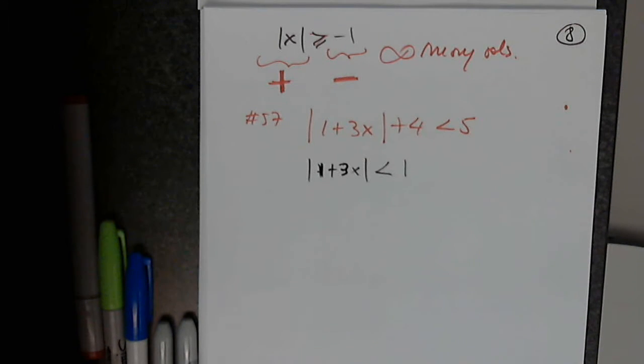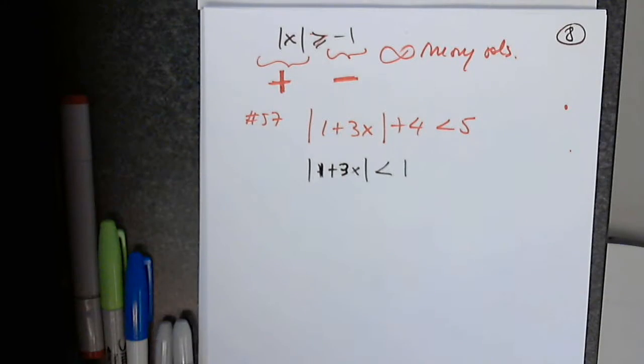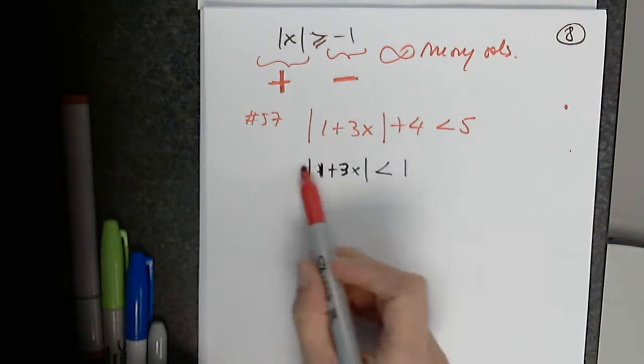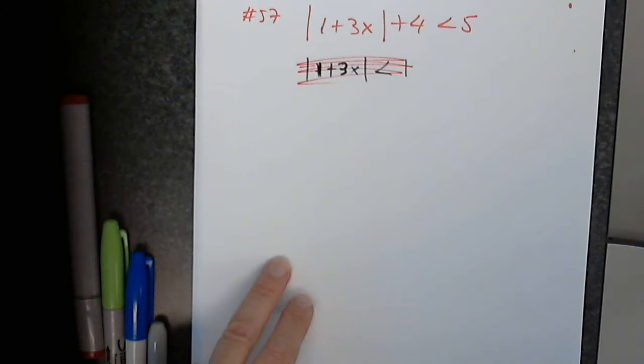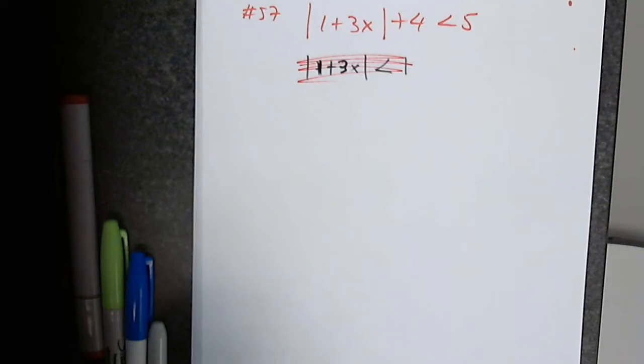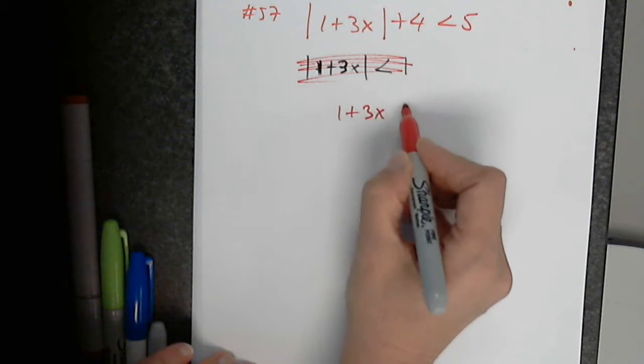Okay, how do I convert it? Again, I'm trying to make a point. You don't have to do that in your notes, of course. We don't know how to solve this, but if I know how to change it into something I can solve, then it's done. What do I change it into? 1 plus 3x less than 1.